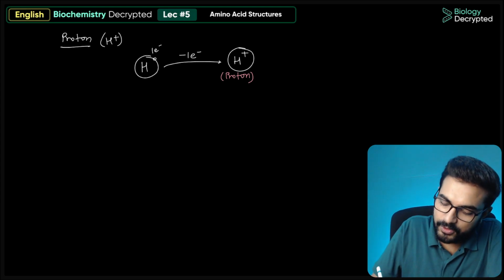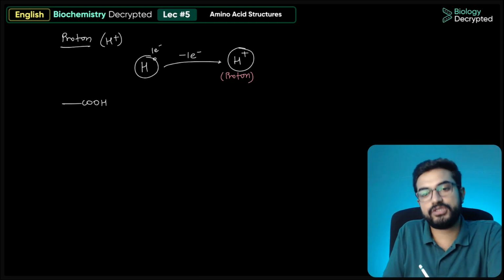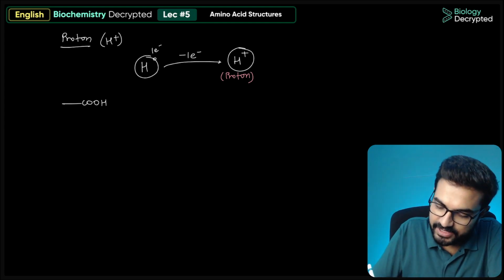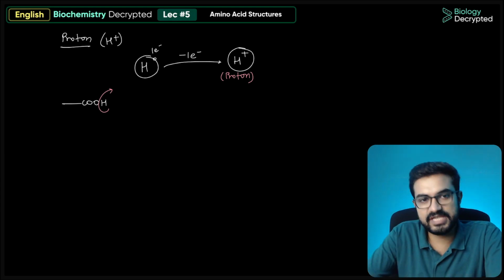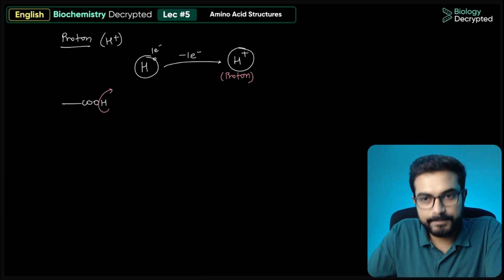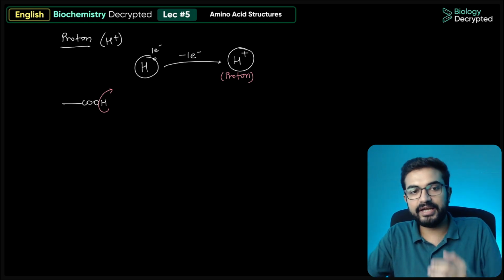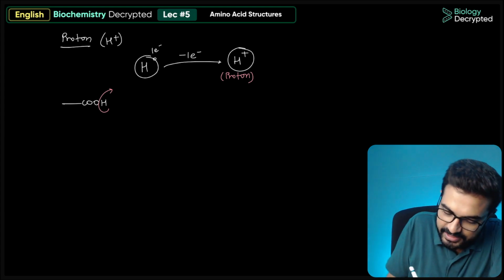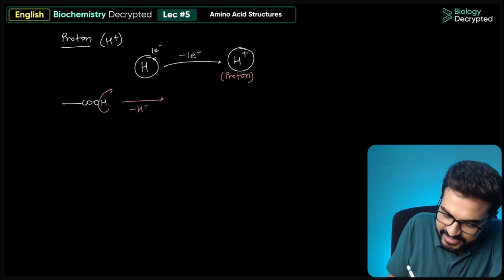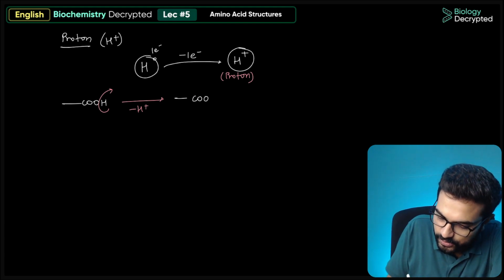Now if we talk about the COOH group, what can happen here is this H plus will go away, because this oxygen-hydrogen bond is already polar. Oxygen will try to pull the electrons towards itself. This hydrogen will be released as H plus ions, and what will remain is COO minus.